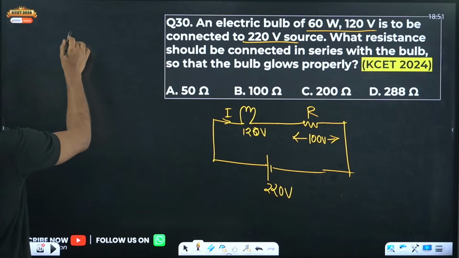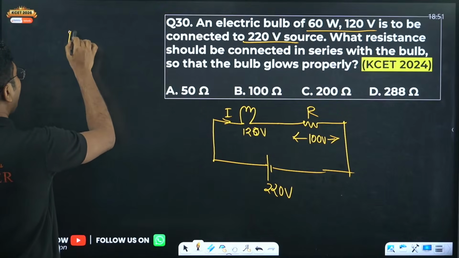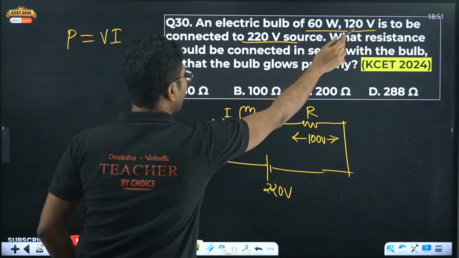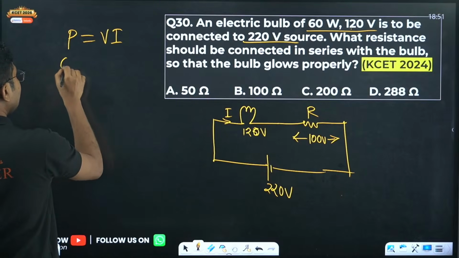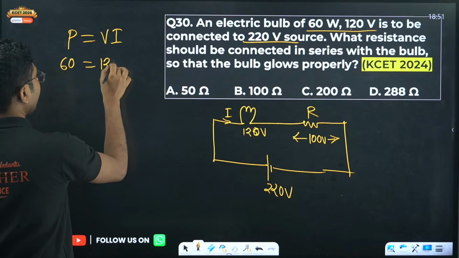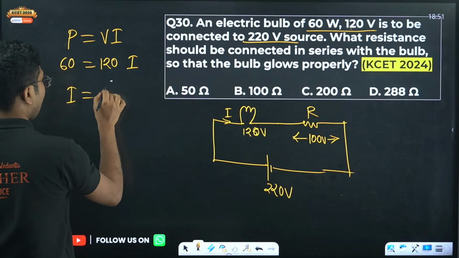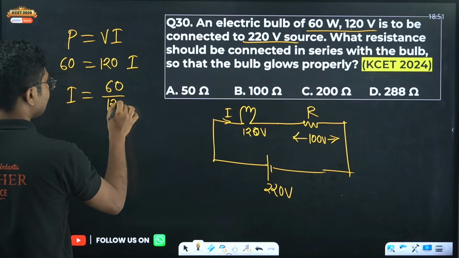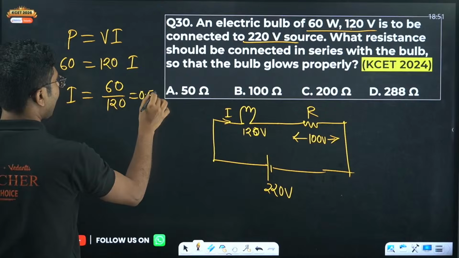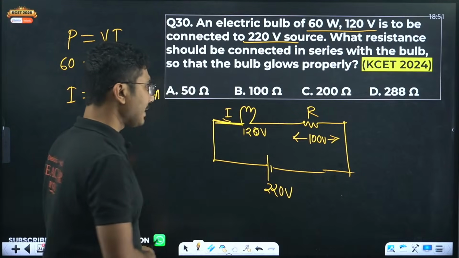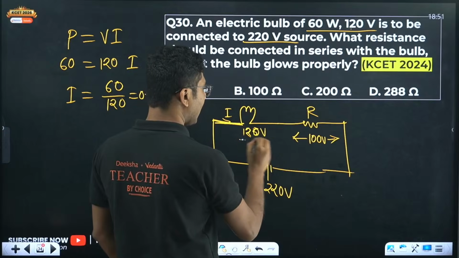We know that power is equals to V into I. V given is 120 volt, power is 60 watt. So the maximum current that can be allowed through the bulb is 0.5 ampere. So 0.5 ampere should pass, but only 120 volt should be across the bulb.